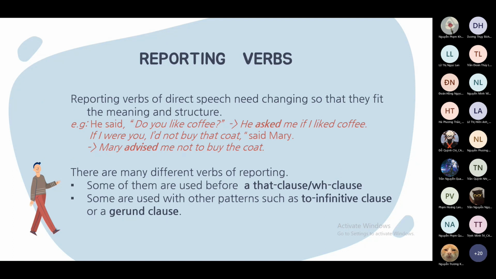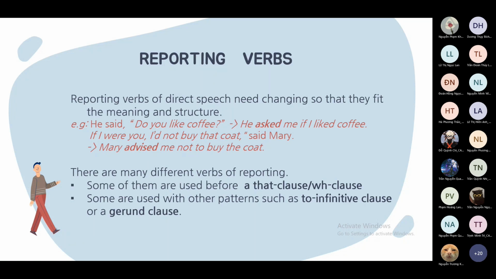The second example is, "If I were you, I'd not buy that coat," said Mary. So this sentence is transformed into, Mary advised me not to buy the coat, and the reporting verb here is advised.